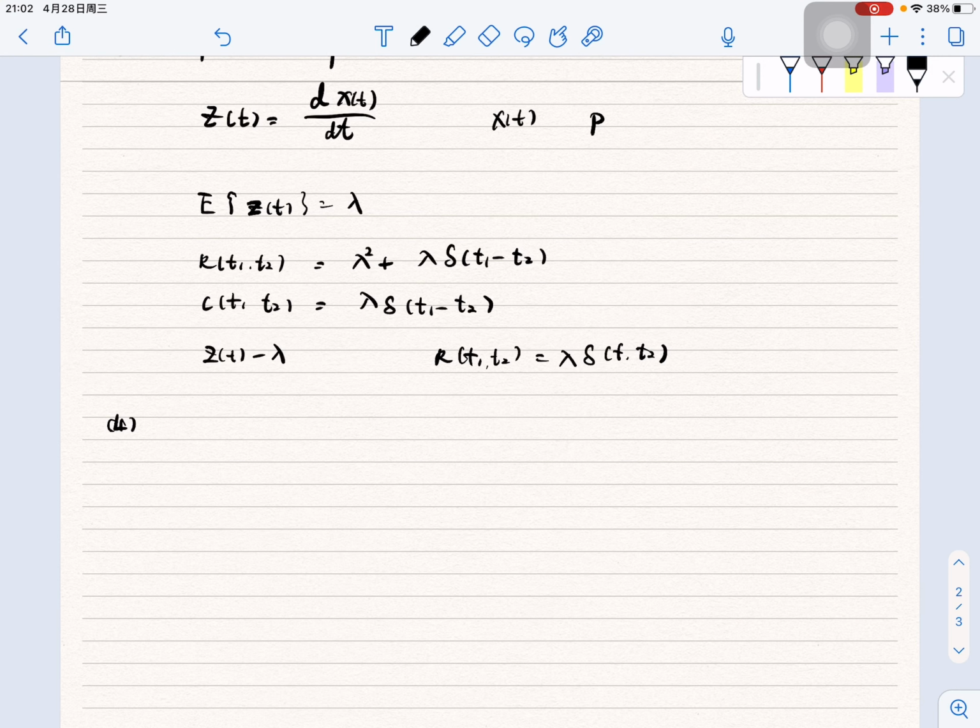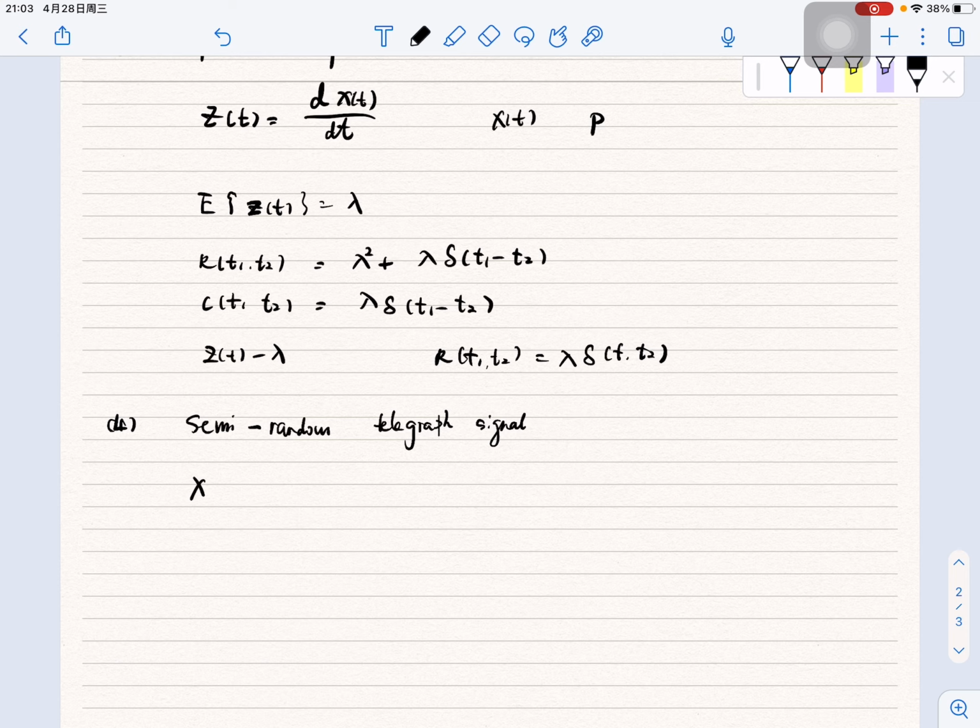Then question 4, it's the semi-random telegraph signal. The number n of points in the interval (t1, t2) of length t2 minus t1 is a Poisson random variable.